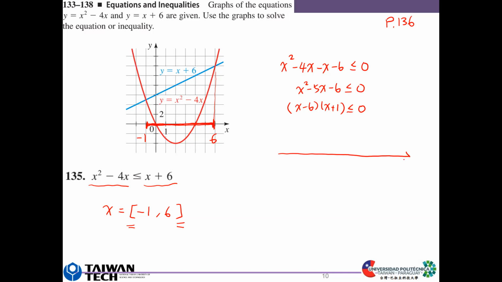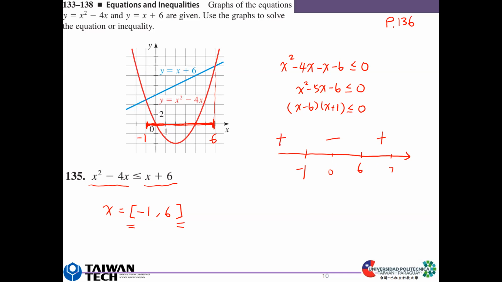So we have 6, we have -1, and then we plug in numbers. For example, we can plug in 7 here. 7 minus 6 is 1, 7 plus 1 is 8, so this is positive. And we put a number, maybe 0, between these two points, and this is negative, and the other side is positive.